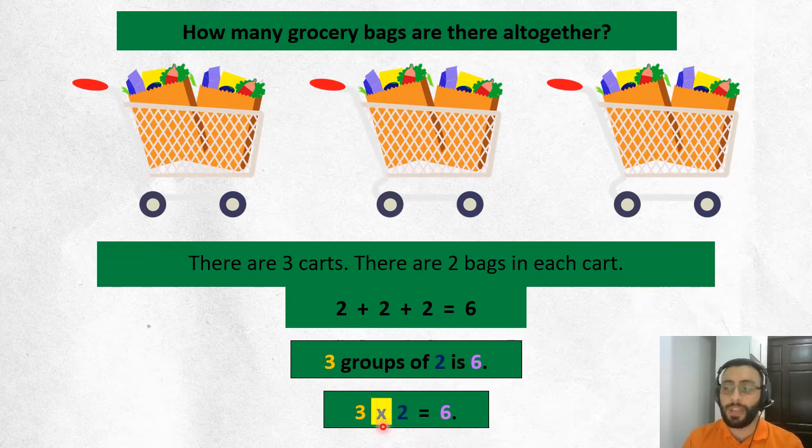Repeat after me. Times. This x is called times. We don't call it x, okay? It's a cross like this. So it's called times. 3 times 2 equals 6.